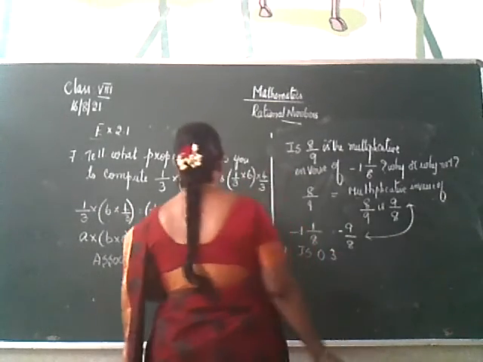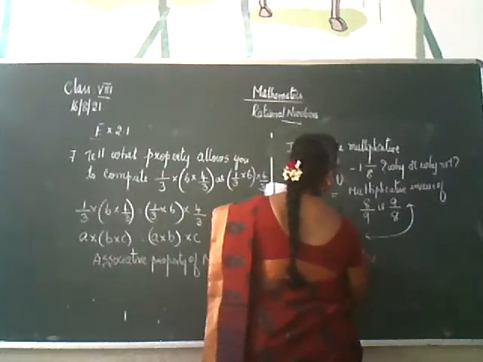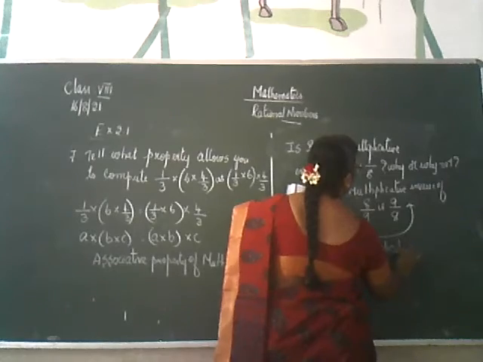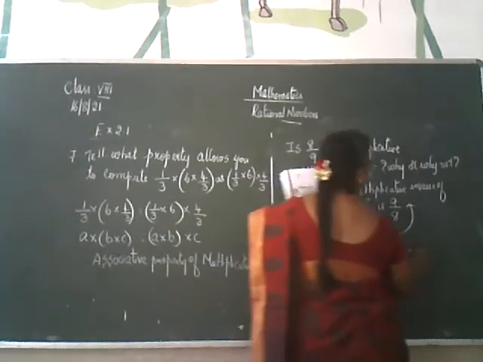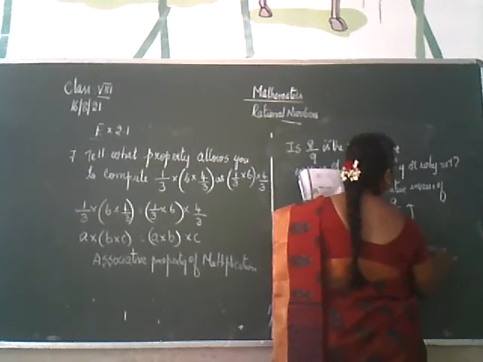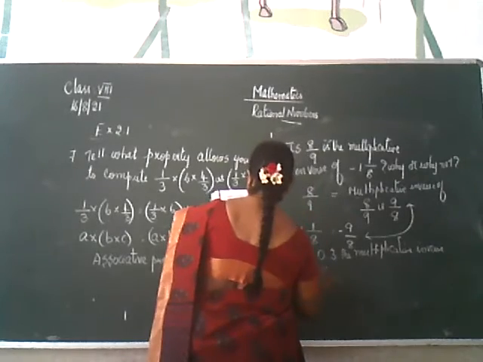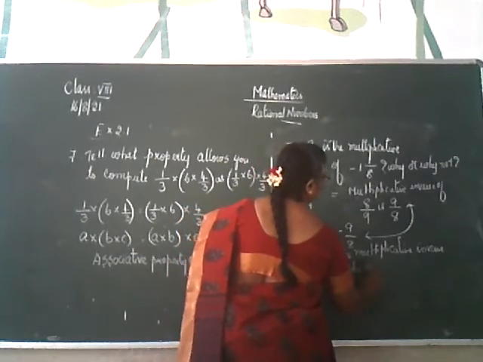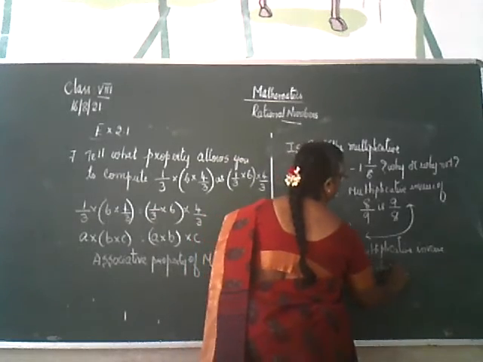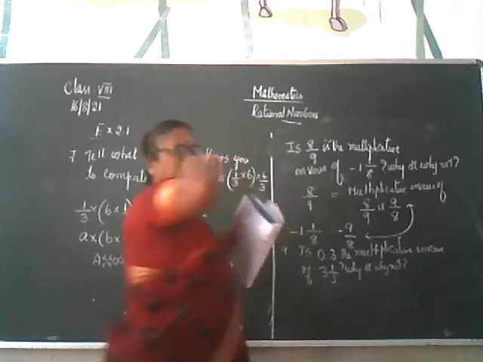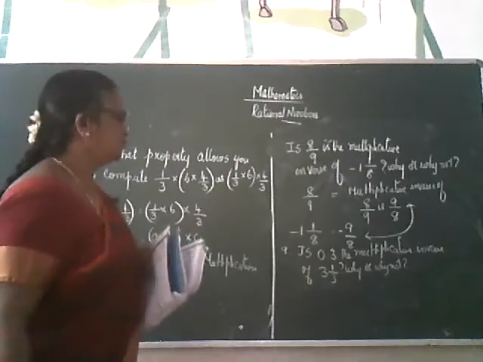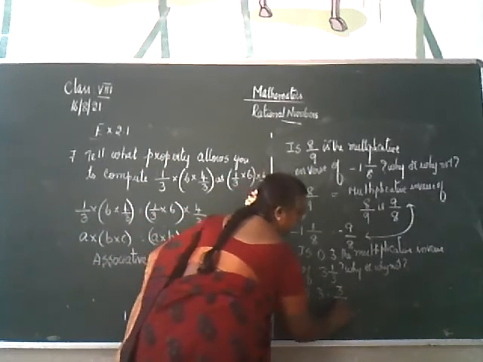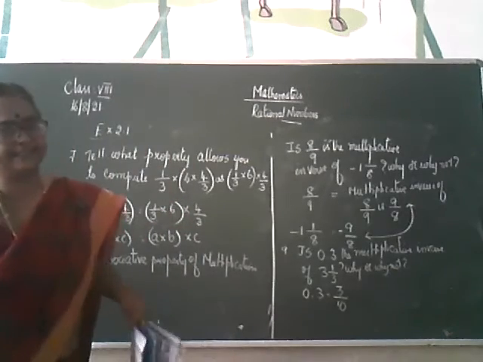0.3. The multiplicative inverse of y or y naught. So, what is 0.3? 3 by 10, because with one decimal point it is in the tenth place.